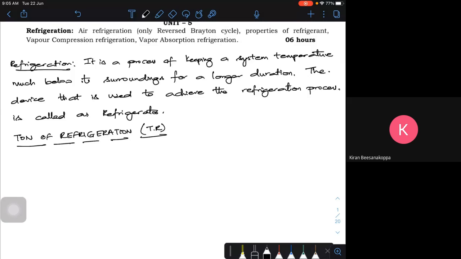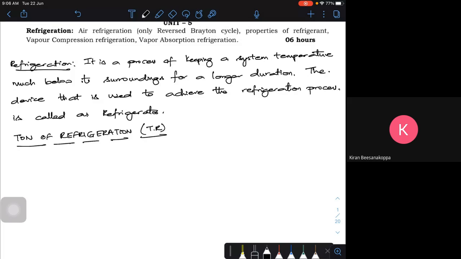One of the definitions, which we used around the 1960s or 70s, said that it is the amount of heat removed from 1 ton, which means 1000 kgs of water at 0 degrees Celsius, to make ice at 0 degrees Celsius in a period of 24 hours. This was the definition defined earlier.